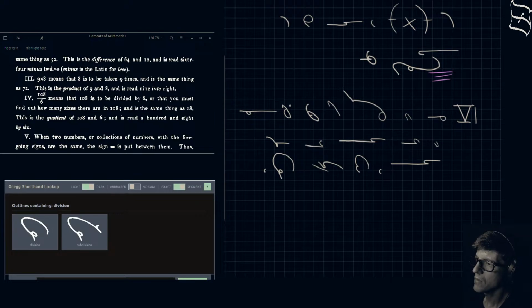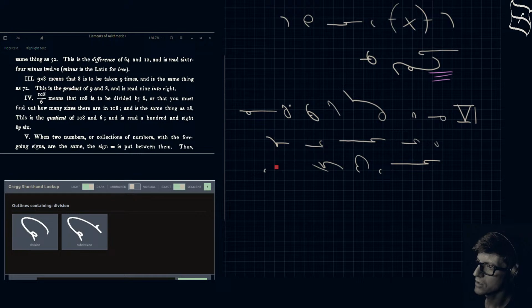When you attempt to find how many of one number is in another number, this is called division.